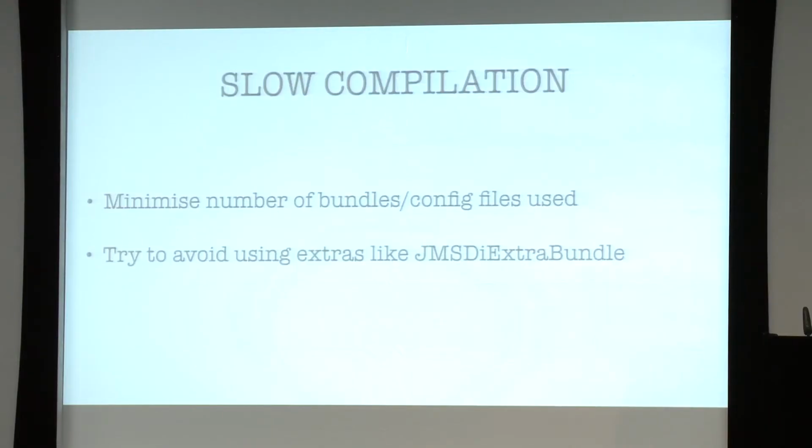So install only what you need. Try avoiding extras like JMSDIExtraBundle. I know it's nice. I don't agree with this approach, but the ultimate problem here is that it's going to grab your directories and it's going to be even slower. And all these files problem can be really painful on a network file system or on Vagrant and so on.